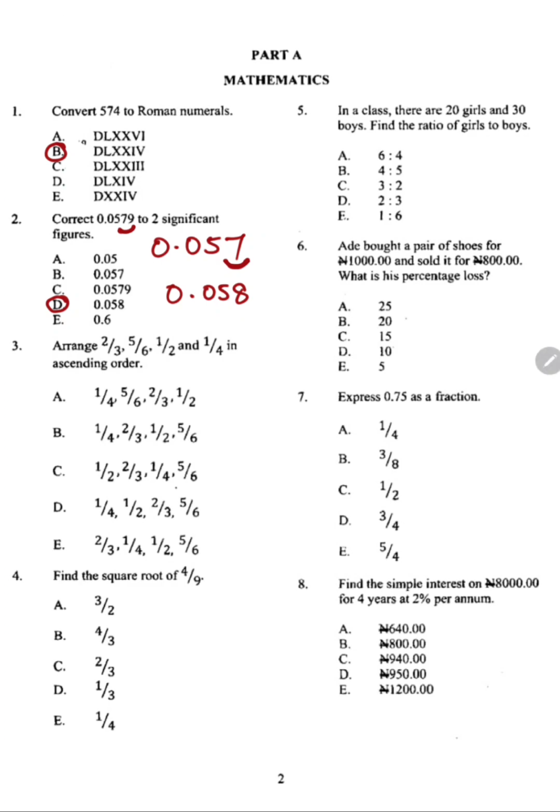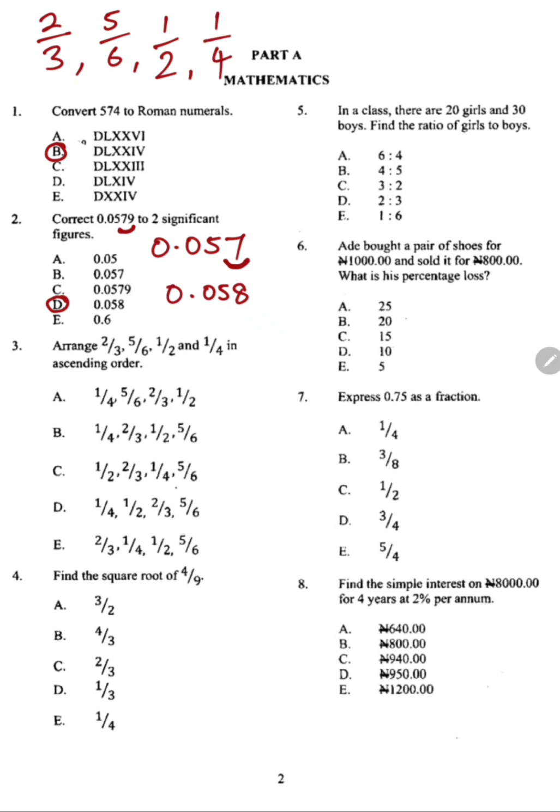So the first one here is 2/3, and the second one here is 5/6, and the third one is 1/2, and the last one is 1/4.